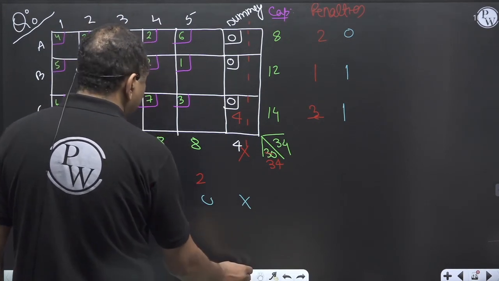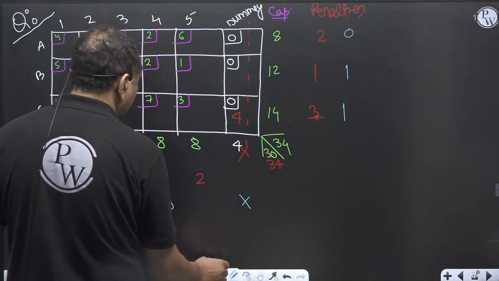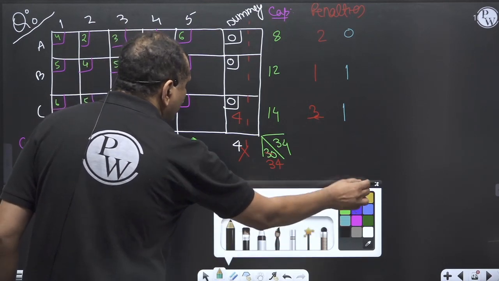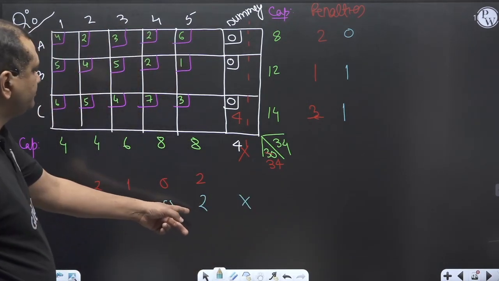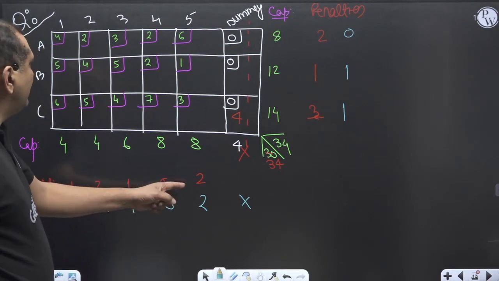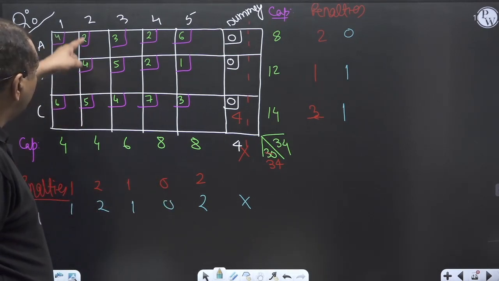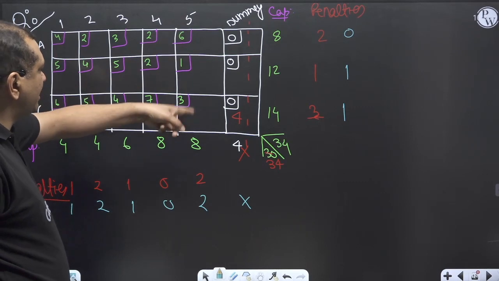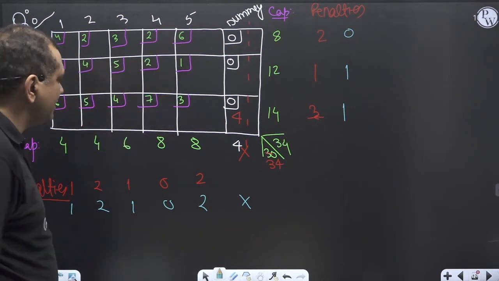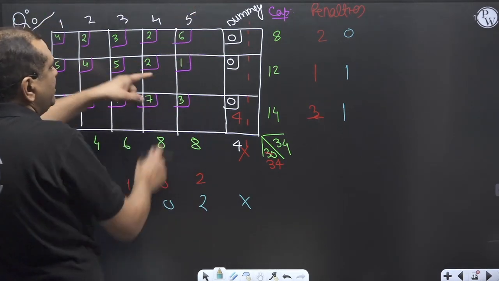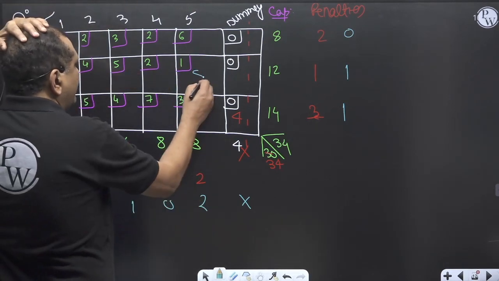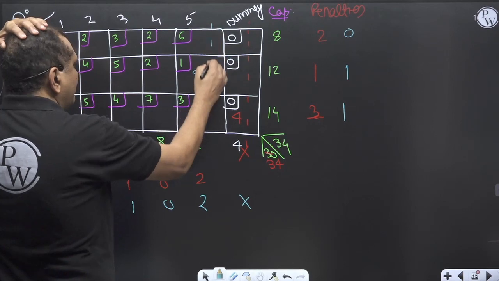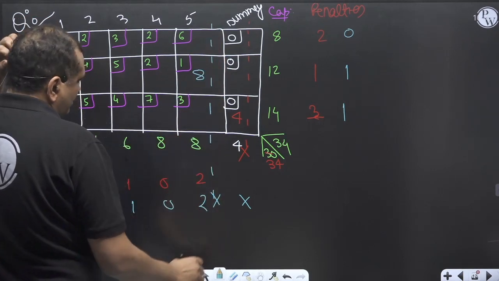This penalty is 2. So 2, 2. Now this row and this row, I will select that column where there is a minimum transportation cost. So minimum transportation cost is here. I will allocate 8 because the row capacity is 12. So this is gone.